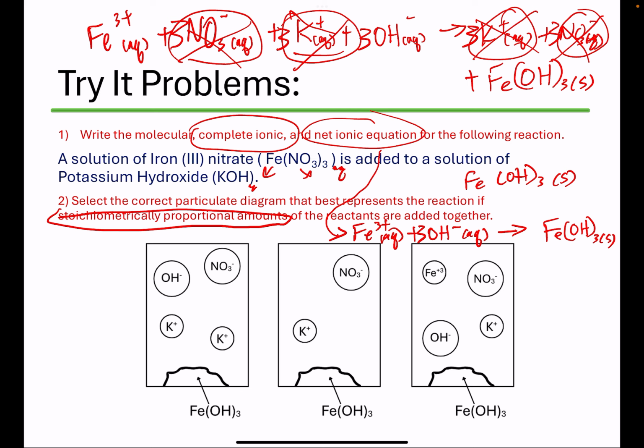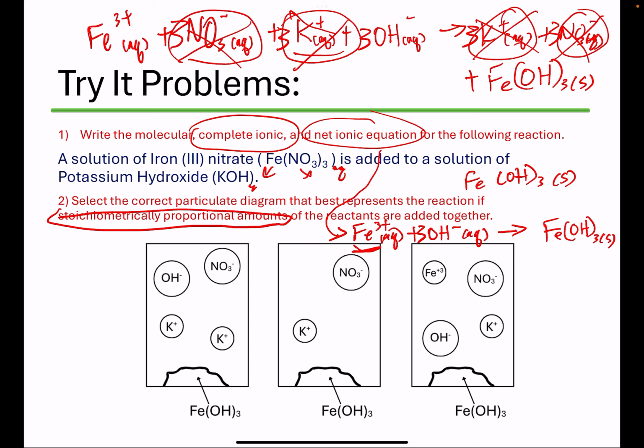So the number of reactants react perfectly with each other. For every Fe ion, there are 3 hydroxide ions, so they were exactly proportional. So that's gonna be different from our excess.